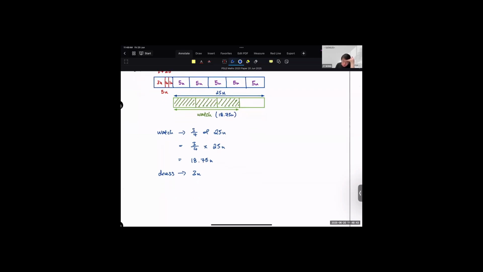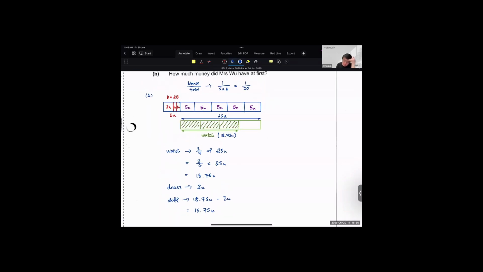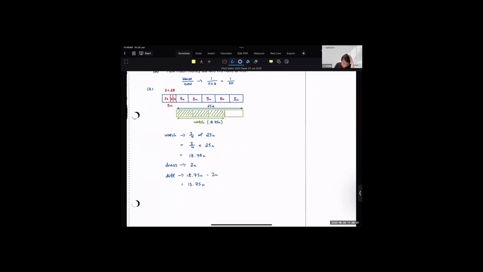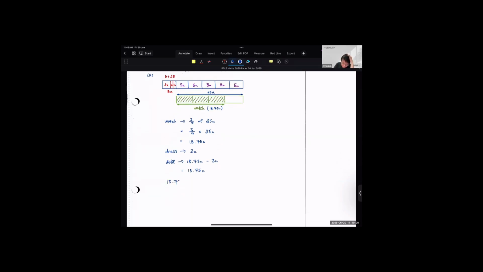So your watch is 18.75 units, your dress is 3 units, and therefore your difference is 18.75 units minus 3 units to give you 15.75 units. And what represents the 15.75 units? It is $220.50 more. And so your difference of 15.75U is equal to $220.50. And from here, you can go ahead and find what is 1 unit.